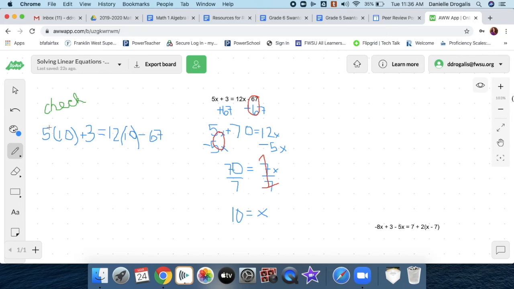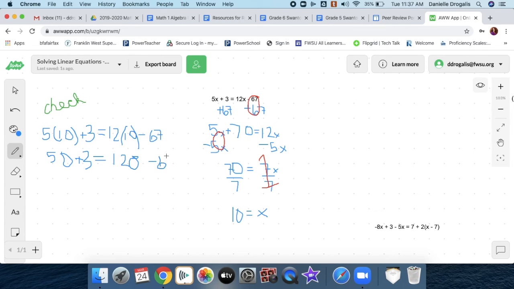So when I see a number or some term right up against a grouping of a parenthesis here, it is multiplication always. And so that's 50. Oop, my mouse. There we go. Plus 3. And that's equal to 12 times 10, which is 120. Oh my goodness.